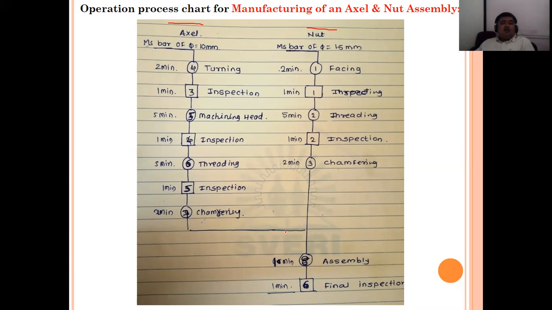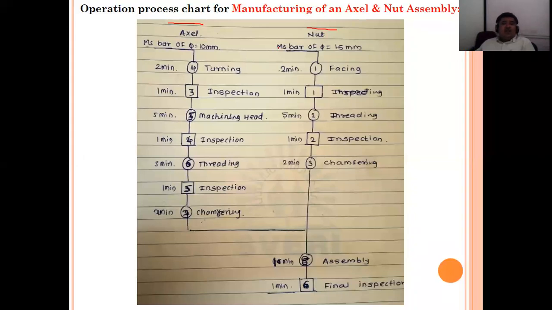So whatever the numbers may be, that number represents which operation is there and what the inspection process is, or for what inspection is there, or for what delay is there.